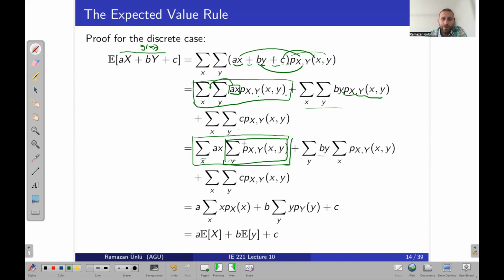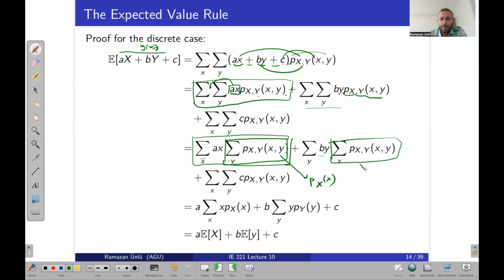So remember from the first part, that is the marginal PMF p(x), right? So that is equal to p(x). And same thing here, in this part I fixed the y values and go over all possible x values.